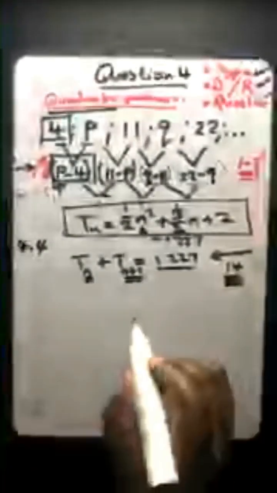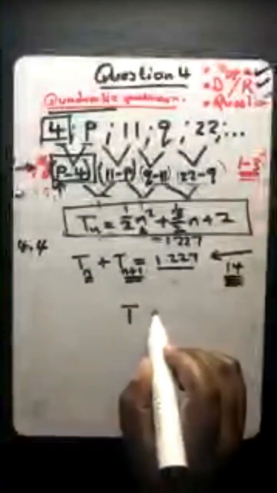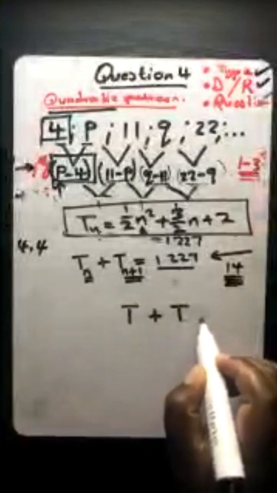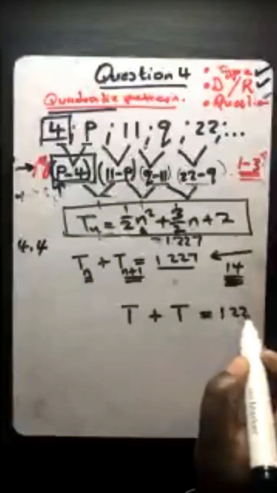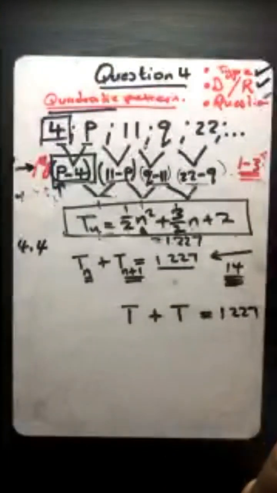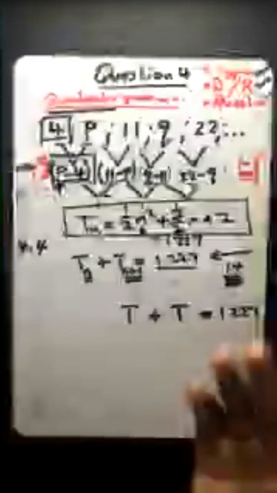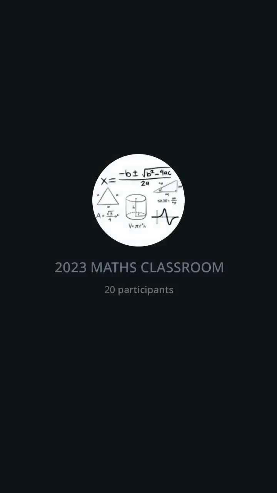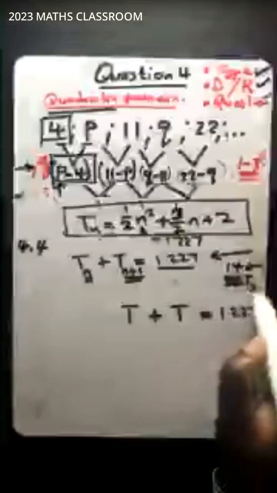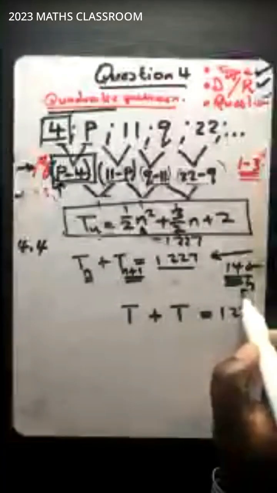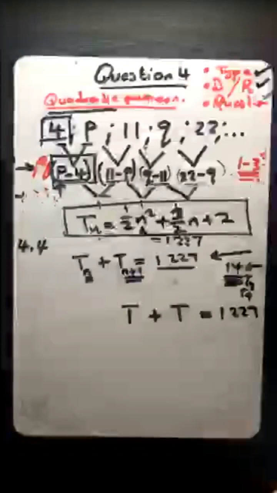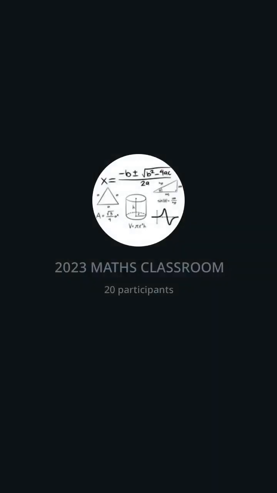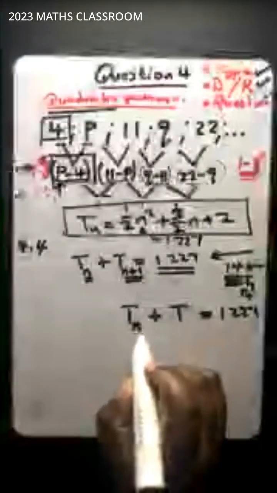And they are just saying there's a certain term that, when you add it together with another term, gives you 1,227. I don't know what that term is, but when you knew that it's actually term number 3 and term 4, because I don't know what that term number is, that it's up to that number, that is why I'm using letter n.